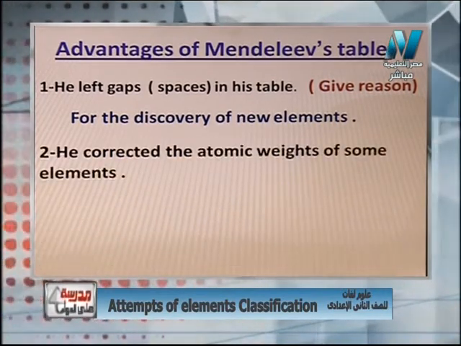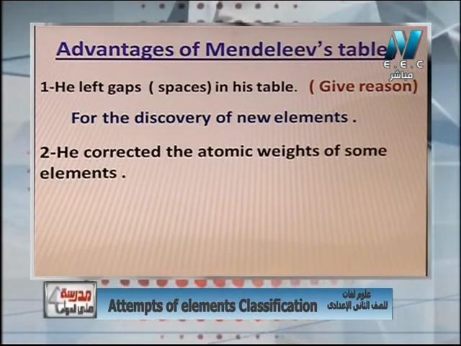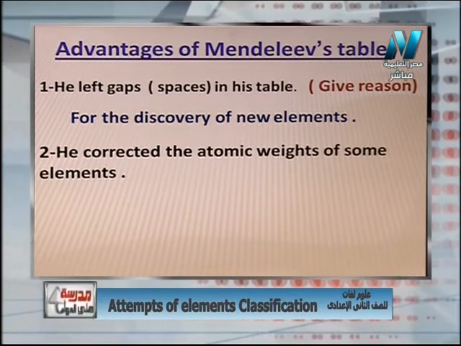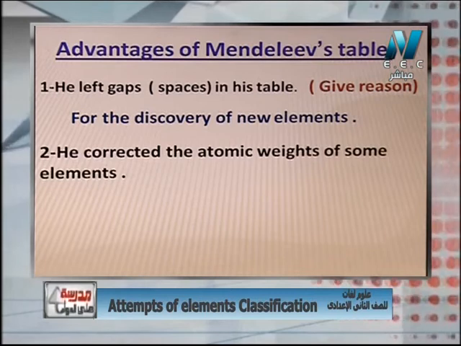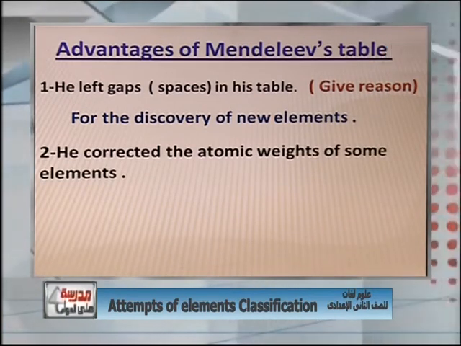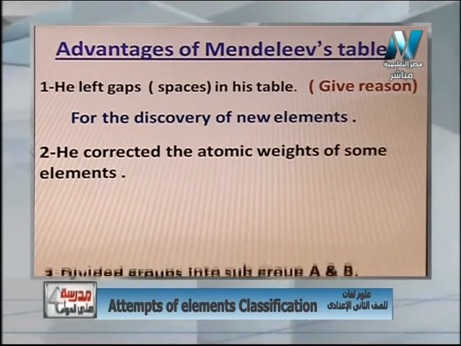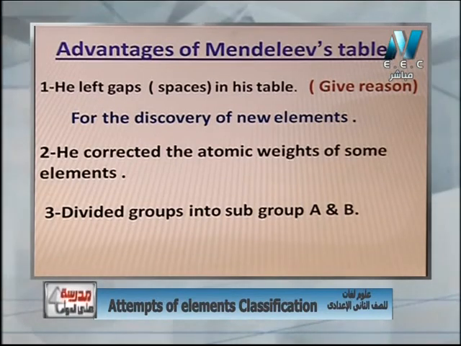The second advantage, as we said, is that he corrected the wrongly estimated atomic weights of some elements. So the advantages of Mendeleev's table: number one, he left gaps for the discovery of new elements. Number two, he corrected the atomic weight of some elements. Okay. Number three, he divided groups into subgroups A and B.